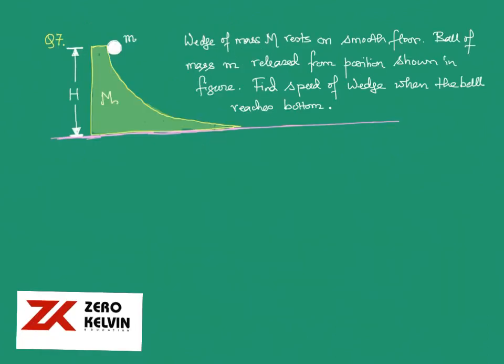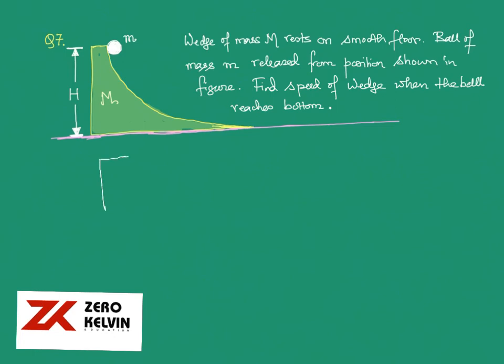So here a wedge of mass M rests on a smooth floor, and a ball of mass small m is released from the position shown. So the system was at rest. Find the speed of the wedge when the ball reaches the bottom. See, the surface of the wedge is almost parallel to the ground as it touches the ground. So finally the ball will move horizontally.